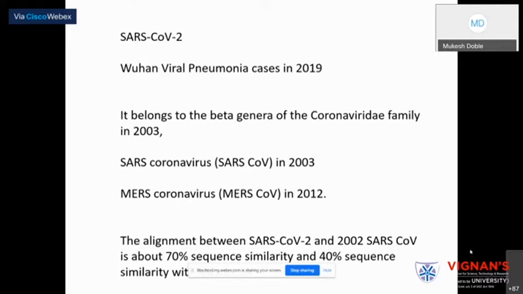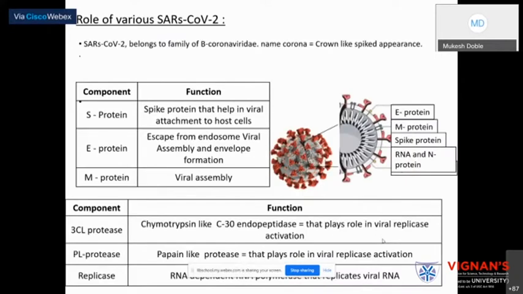Although genome-wise they are much closer to the other four bat coronaviruses, at the protein level and mechanism level it's closer to SARS-CoV. That's why most of the homology modeling we do takes protein templates from SARS-CoV and not from the other four bat coronaviruses.